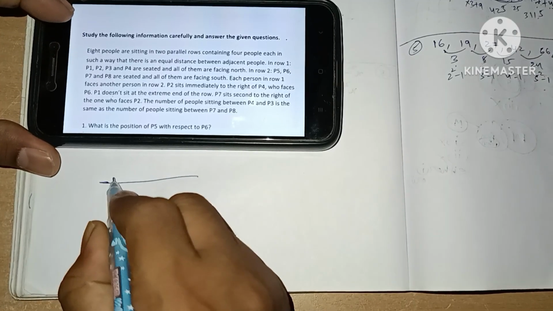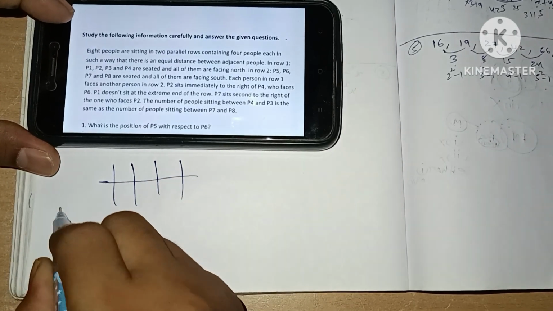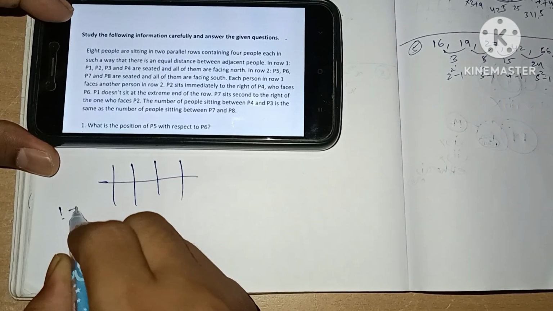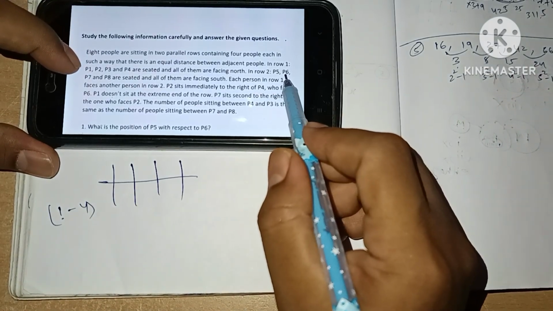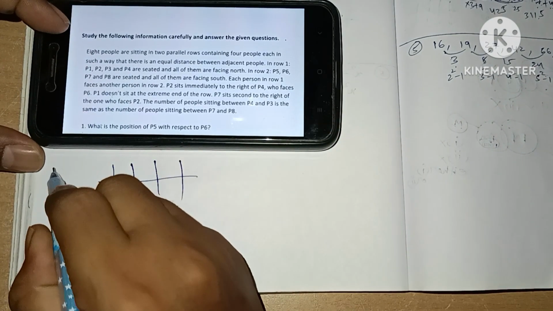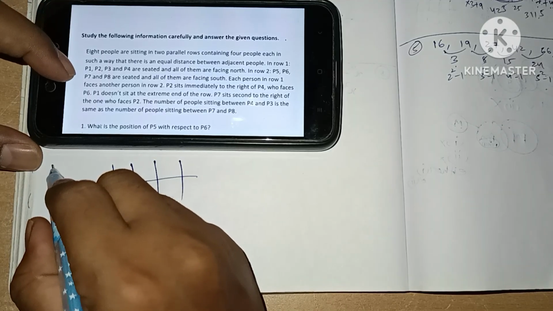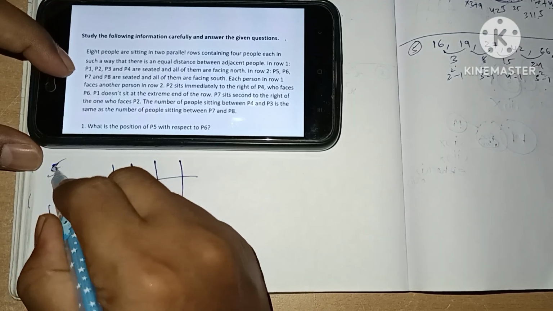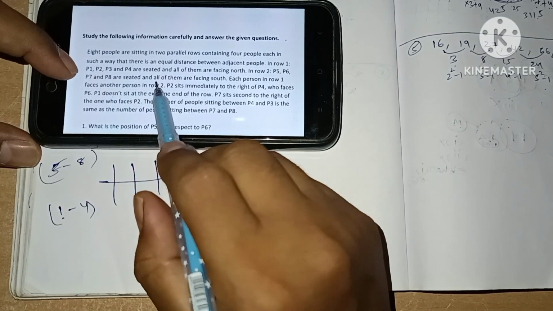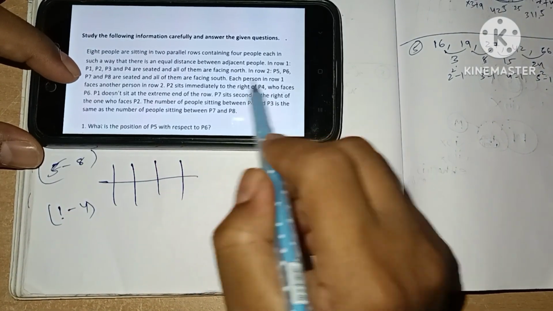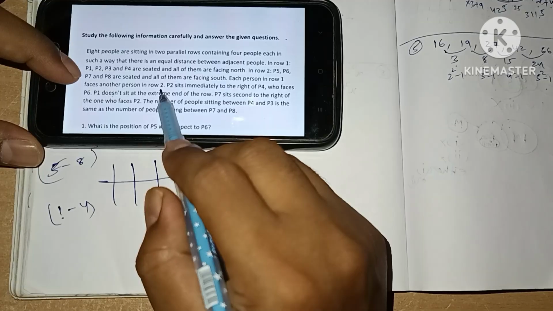Row 1 contains 1 to 4 people. In row 2, 5 to 8 are sitting, facing south. Each person in row 1 faces another one in row 2.